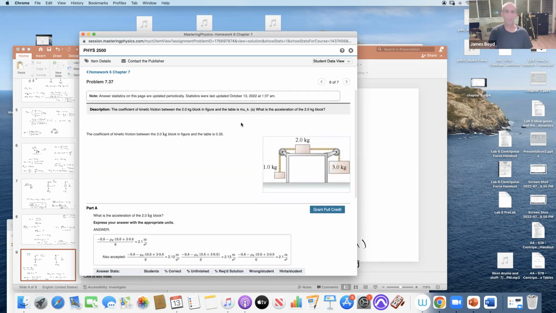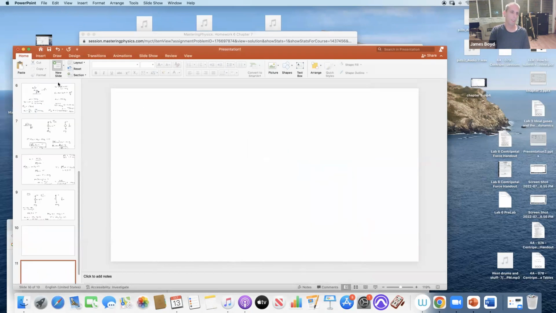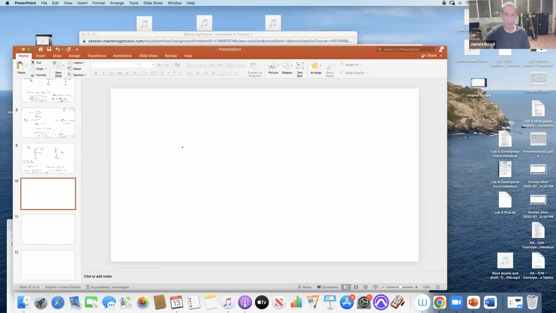Now this one should look familiar to you because we've done it twice already, and we're doing it again. We have 3 blocks, and one of these blocks has kinetic friction with the table surface. The other 2 are just hanging, so they don't matter. We want to find the acceleration of the 2.0 kilogram block.